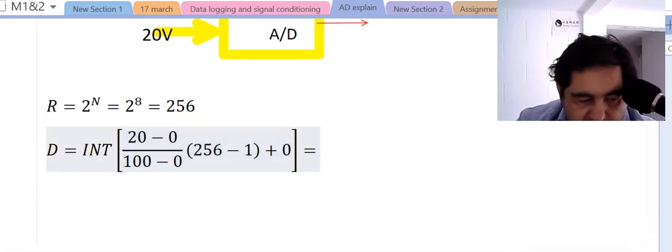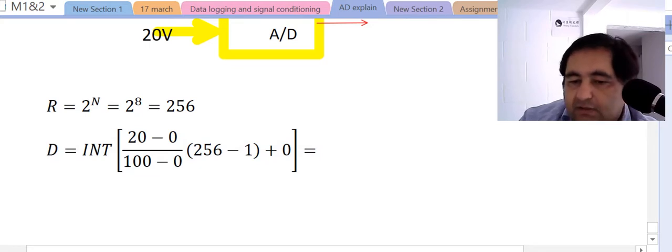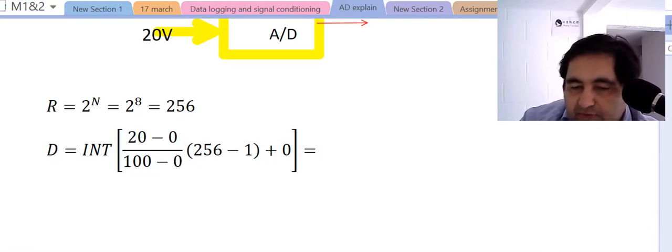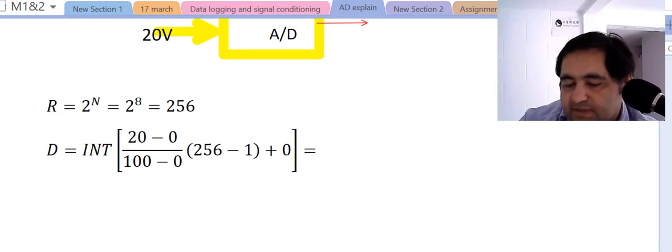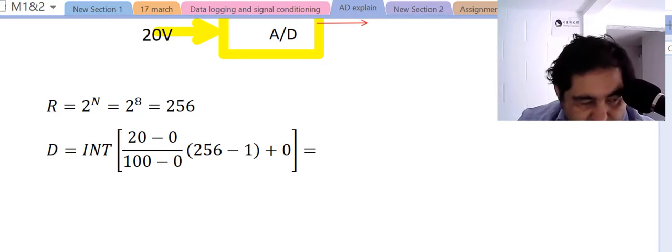Now I just do the calculation in the background, so 20 divided by 100, times 256, is going to be 51.2.